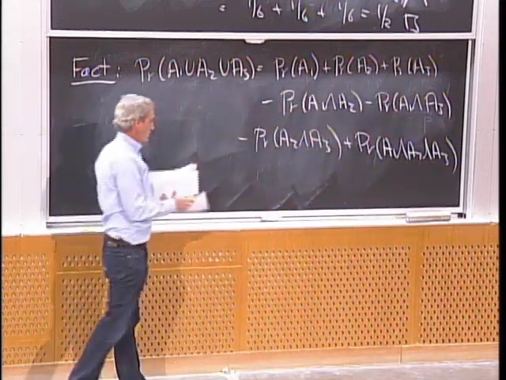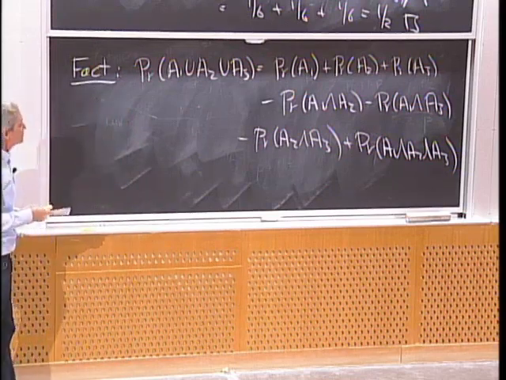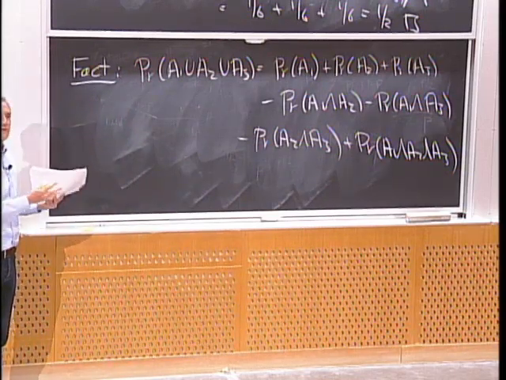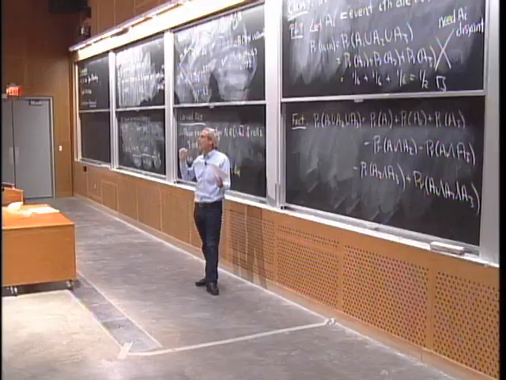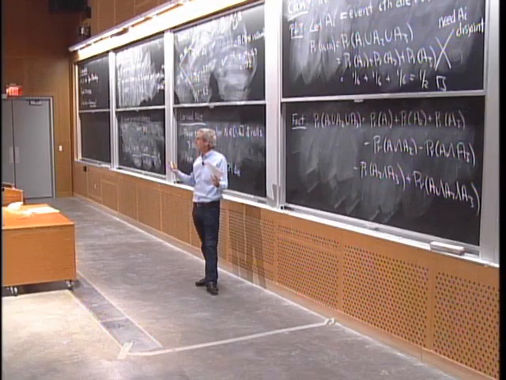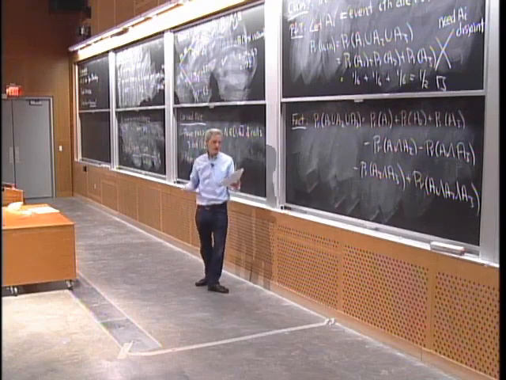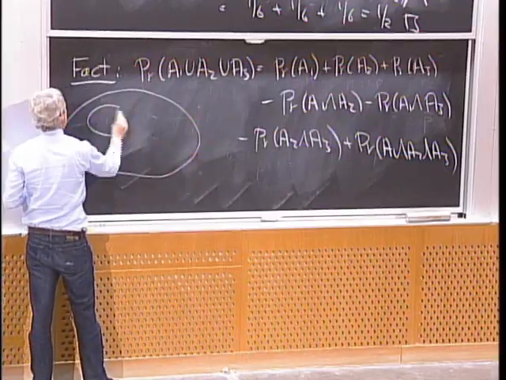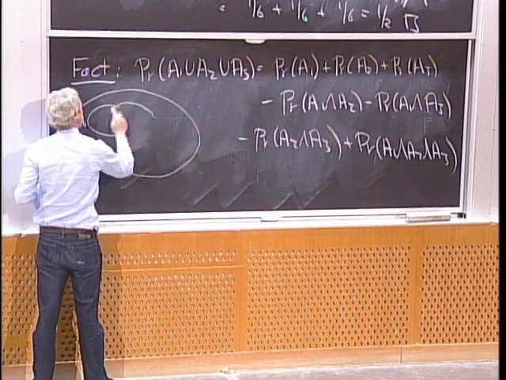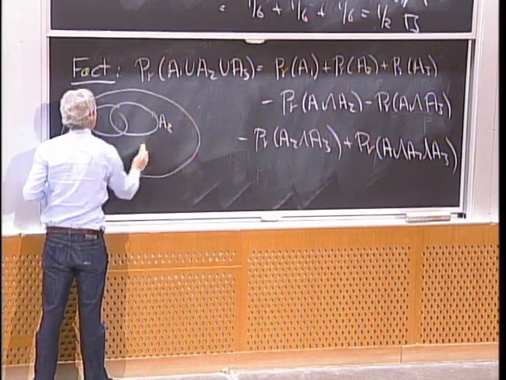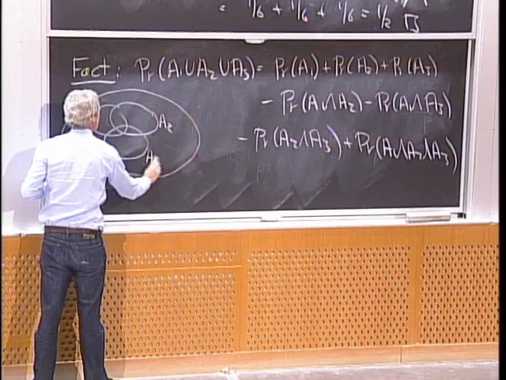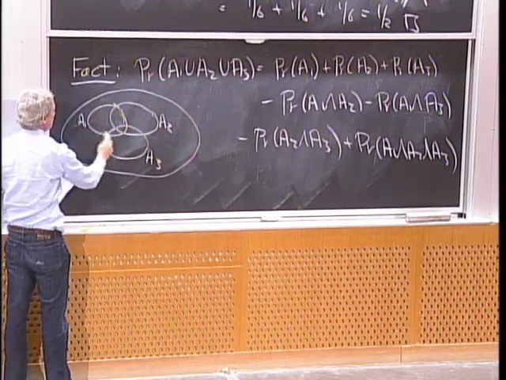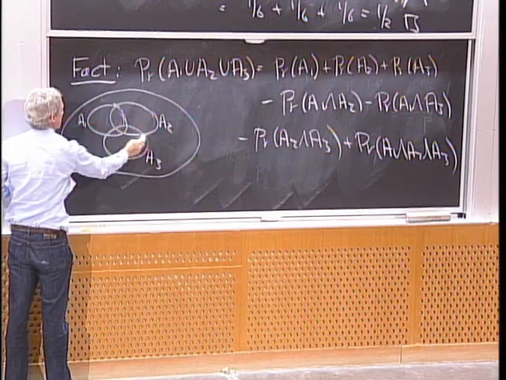Okay, so the proof is really the same proof you use for inclusion-exclusion with sets. The only difference is that in a probability space, we have weights on the elements. And the weight corresponds to the probability. So in fact, if you were drawing the sample space, say here's A1, and here's A2, and here's A3, well, you need to add the probabilities here, here, and here.